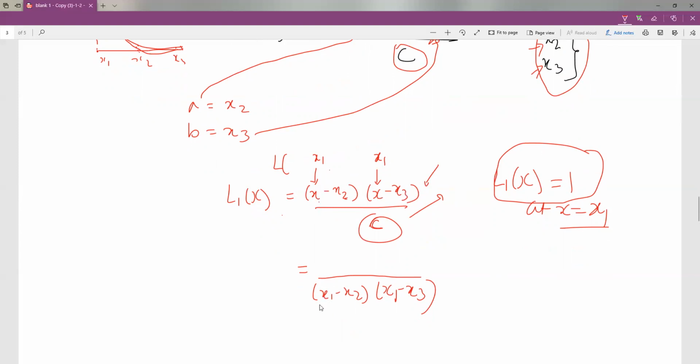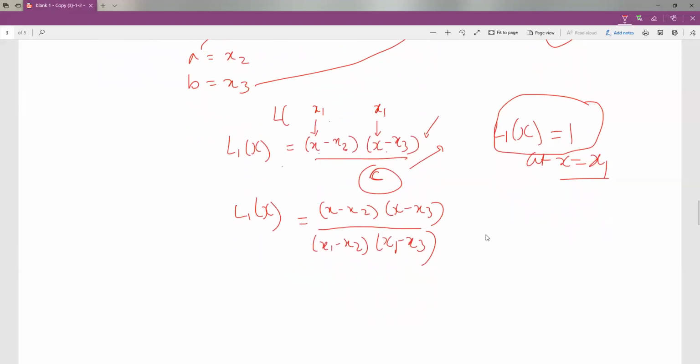So we have written x equal to x1 in the denominator, and the numerator side will be as it is. This has helped us in evaluating at least the first coefficient.